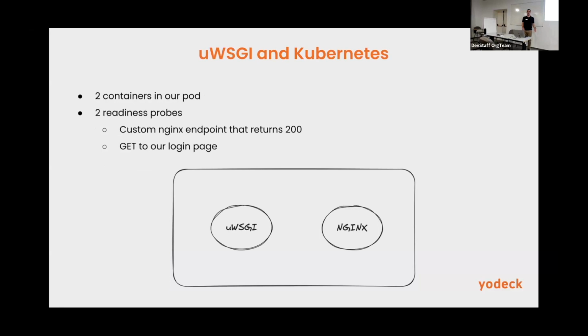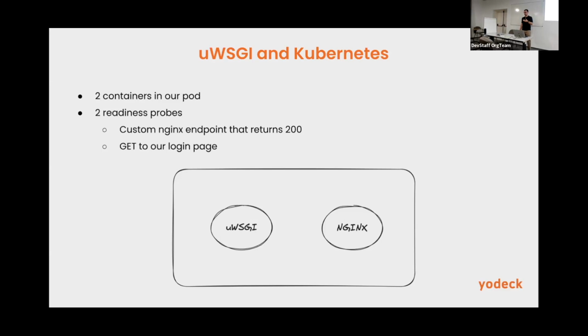When we moved our application to Kubernetes, we had to design how it will be configured and its architecture. So we settled with 2 containers inside one pod. One is the uWSGI, and the other one is Nginx. They have a common mount point that uWSGI and Nginx communicate with as a proxy.